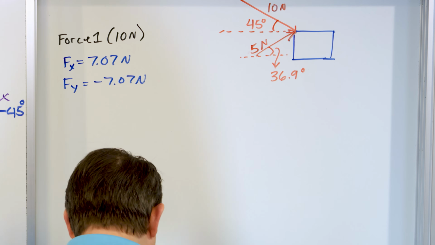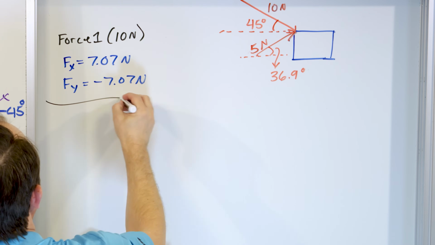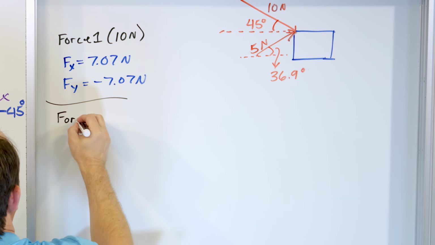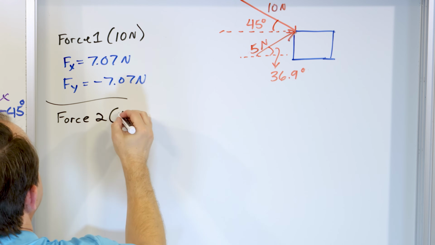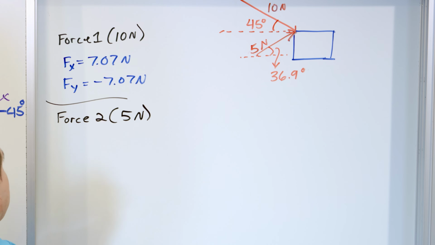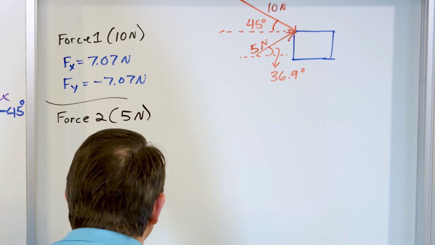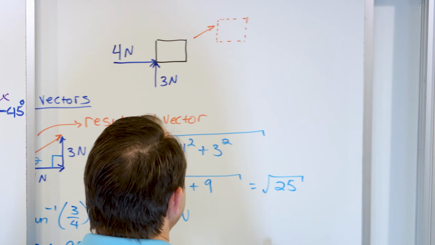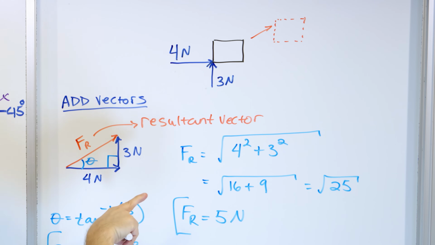Okay? And then the next thing we do is we say, what is force 2? And that's the 5 Newton force that was acting at that angle. Now, what did that resolve to? When it was the 5 Newton force, that formed a 3, 4, 5 triangle, right? That's why I picked it, because 3, 4, 5 we know is one of the Pythagorean triples.